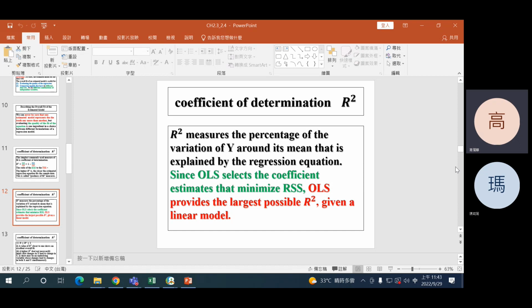Since R squared is using this divided by TSS, can anybody tell me the range of R squared? Yes, 0 to 1. Since the sum of these two parts is 1, the R squared range is between 0 and 1.